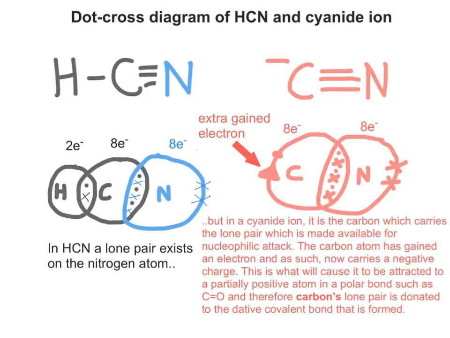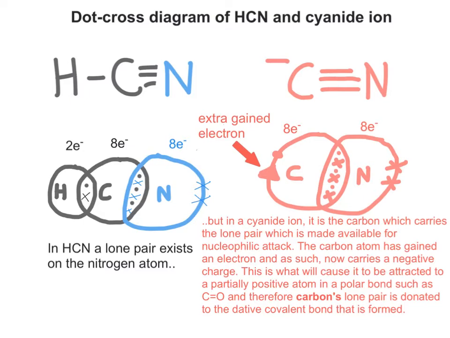On the nitrogen we have a lone pair, as you can see, but if we were to break up HCN into the cyanide ion and H+, looking at the cyanide ion itself for a moment, the extra gained electron is actually gained by the carbon. So that means the carbon becomes negatively charged.